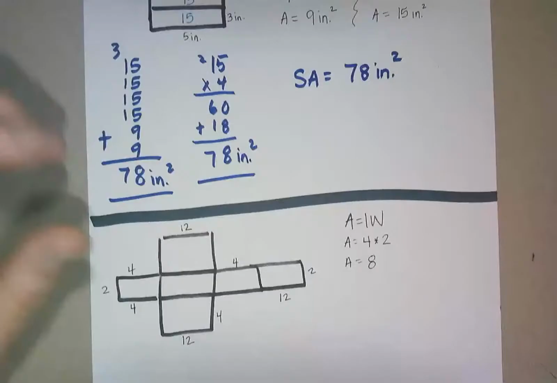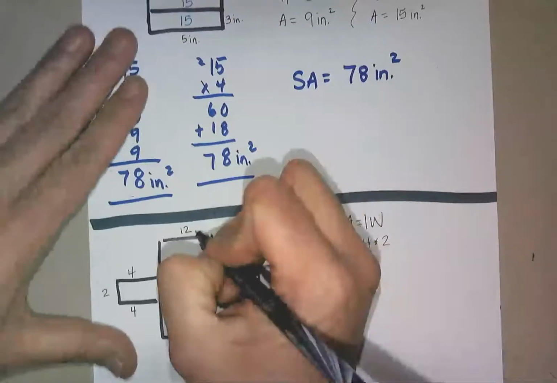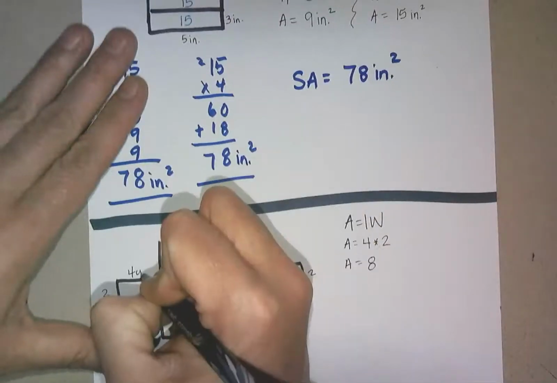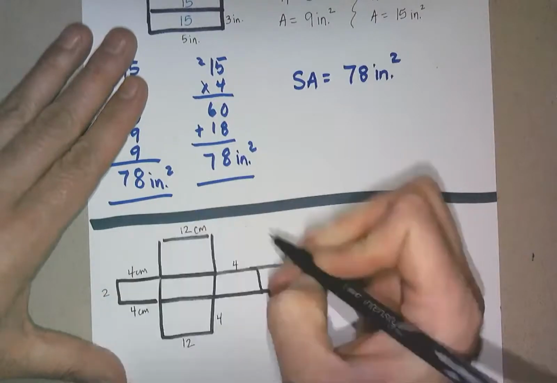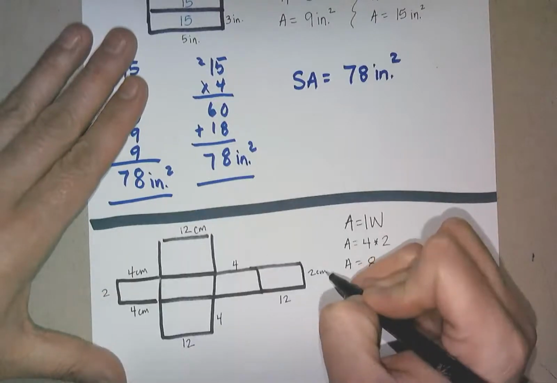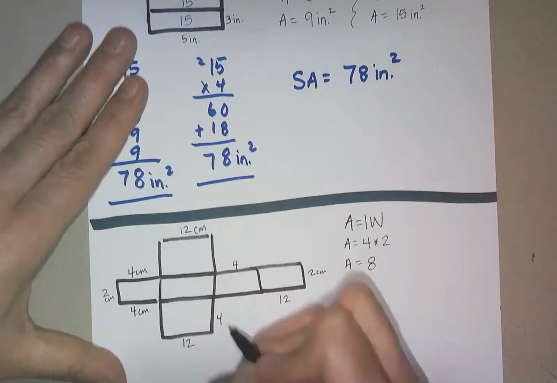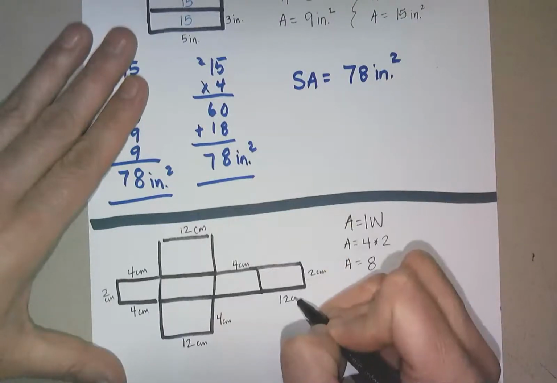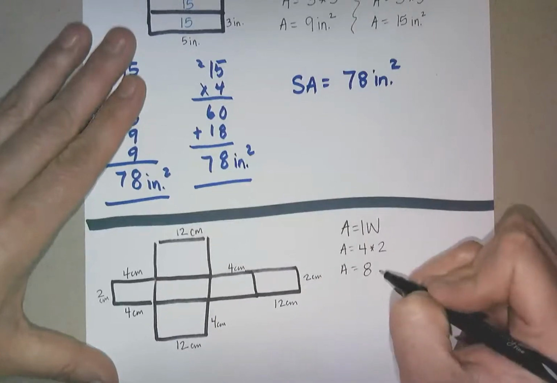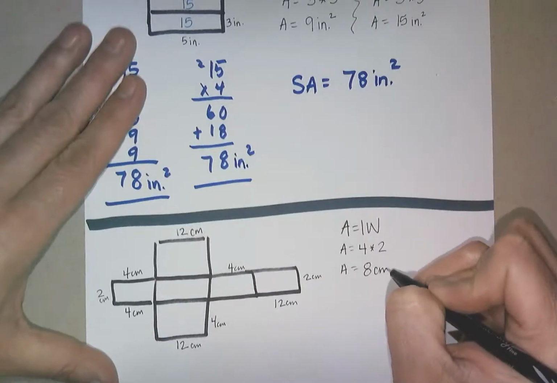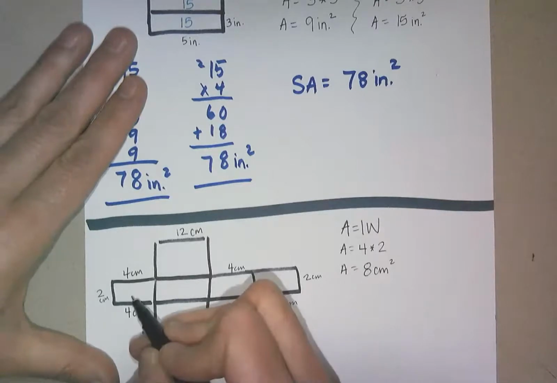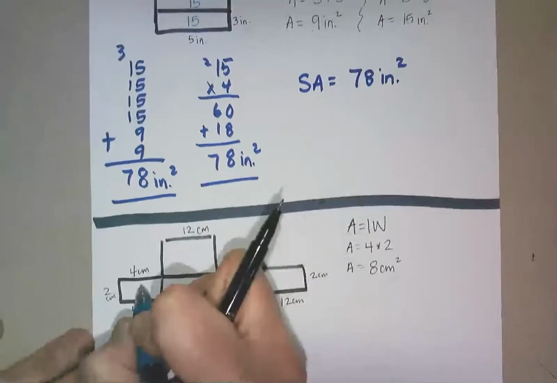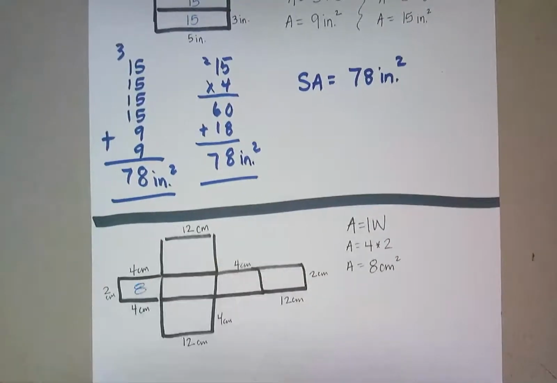I don't know, centimeters? There. So this first box would be 8 centimeters squared. This one right here. So I'm going to put a big 8 in there.